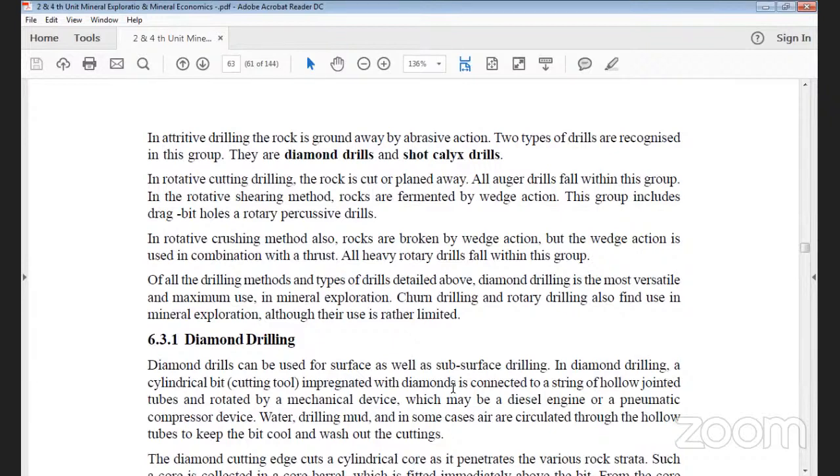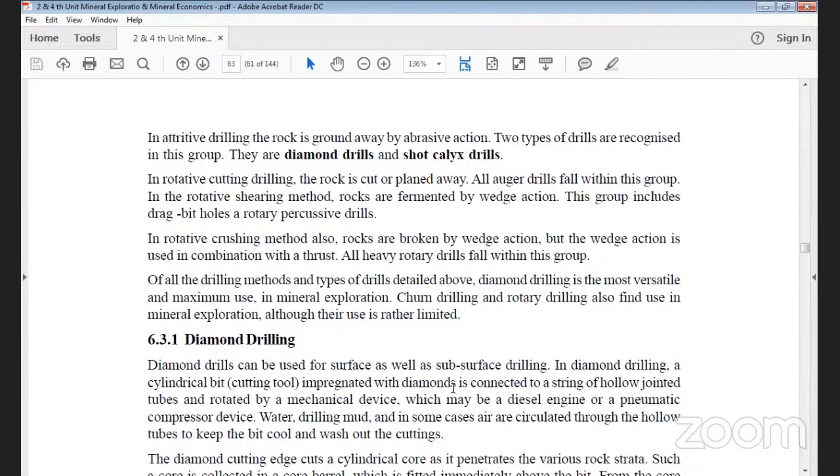In rotative cutting drilling, the rock is cut out, planed away. All other drills fall within this group. In the rotative shearing method, the rock is sheared and it has a wedge action.